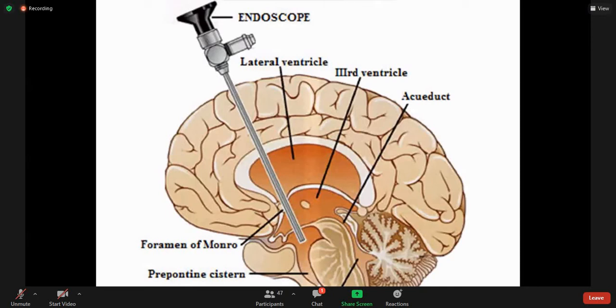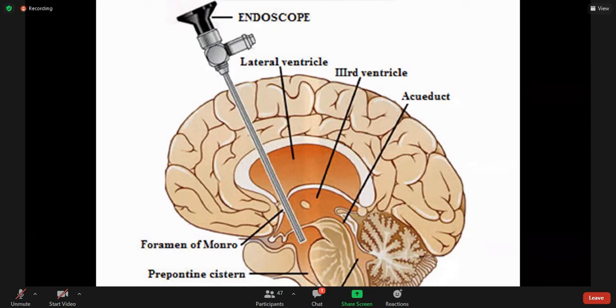This is the most advanced procedure of CSF bypass, which is endoscopic third ventriculostomy. And again, this endoscopic third ventriculostomy, we can just do in the obstructive patients. जिनमें obstructive hydrocephalus होता है, these patients can be treated with endoscopic third ventriculostomy.